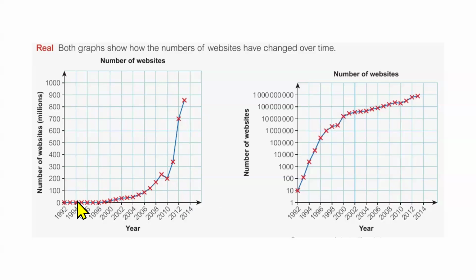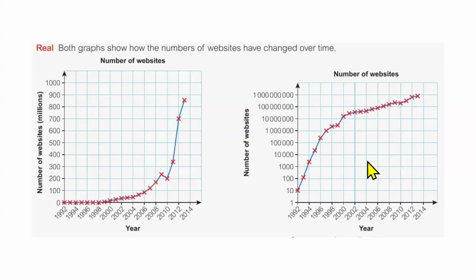On the left side, after one square, it is 100, which means 100 million. After two squares it is 200 million, then 300 million and 400 million, because there is a million between brackets. So these numbers represent hundreds in millions.